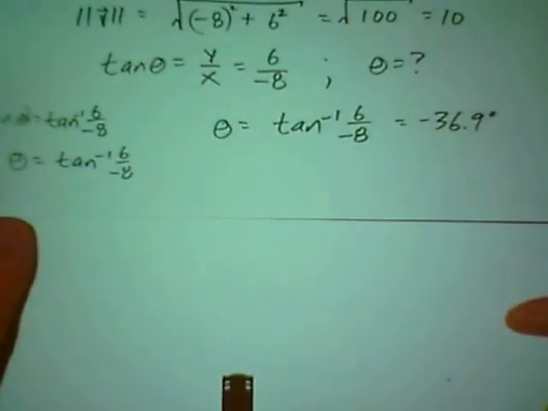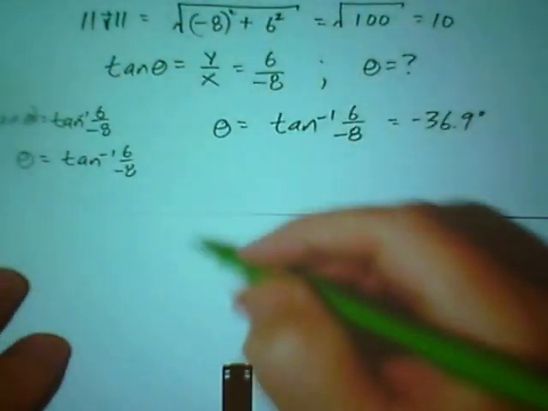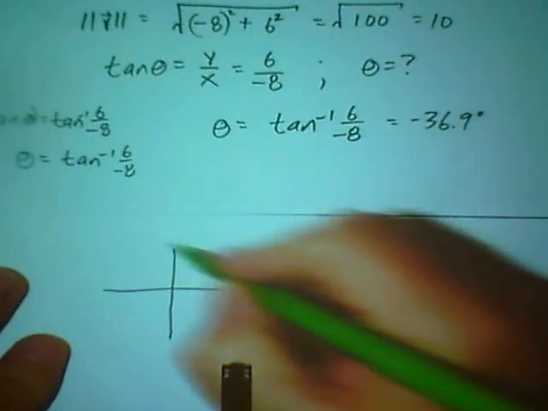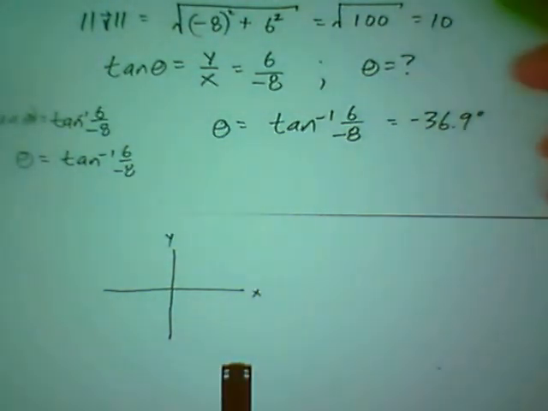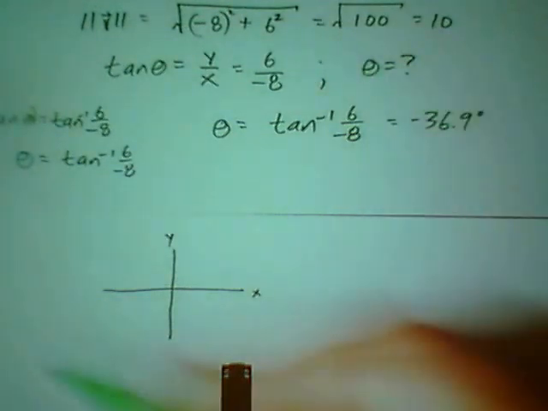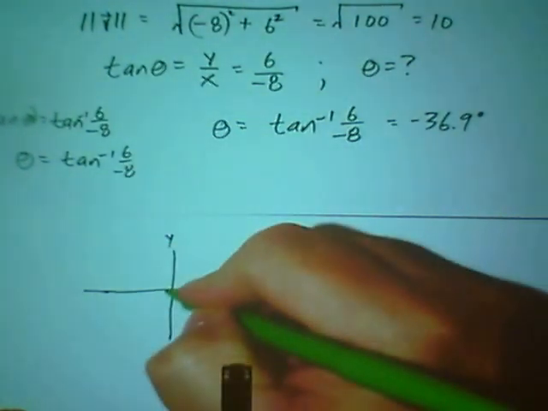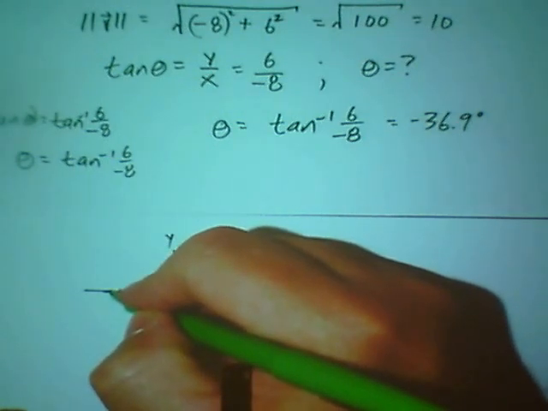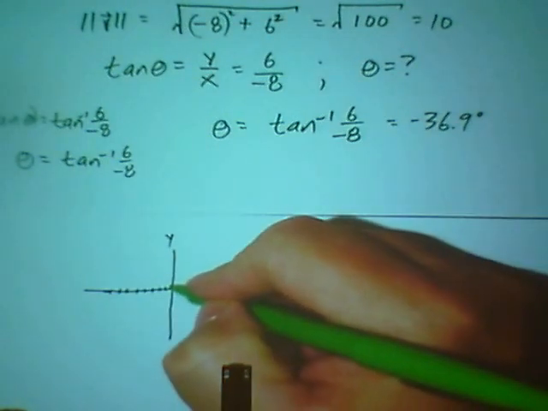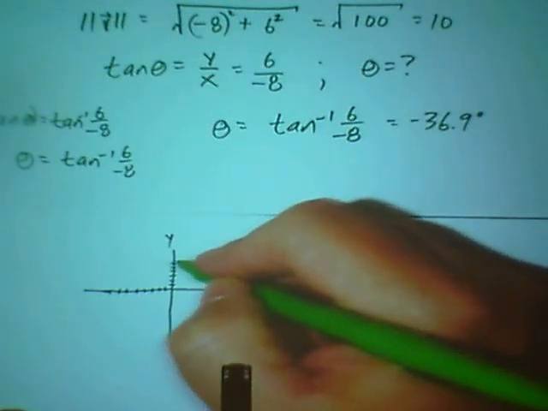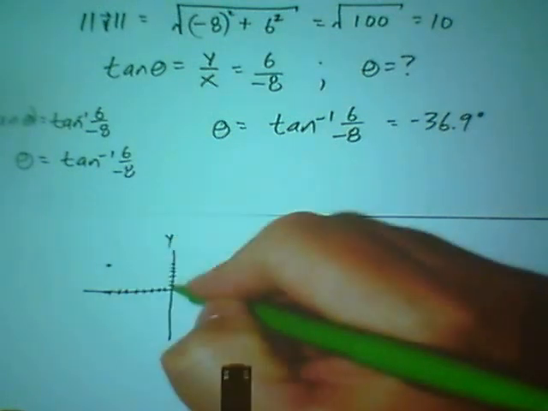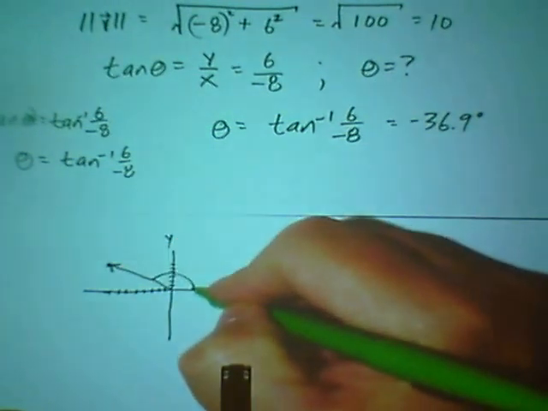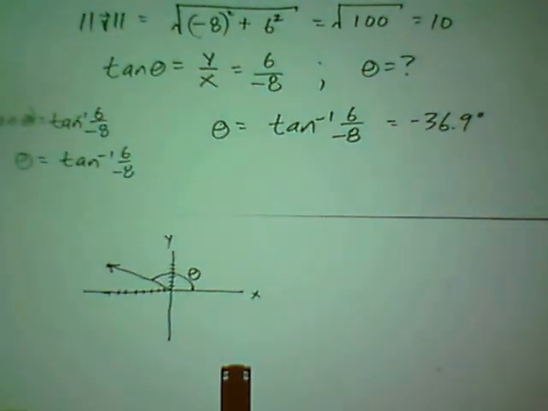This one I think I do, because if I plot my original vector, which I probably should have done at the beginning, that original vector, minus 8i, there's minus 8 in the x direction, and 6j. So it's maybe right in here. That's going to be my theta.